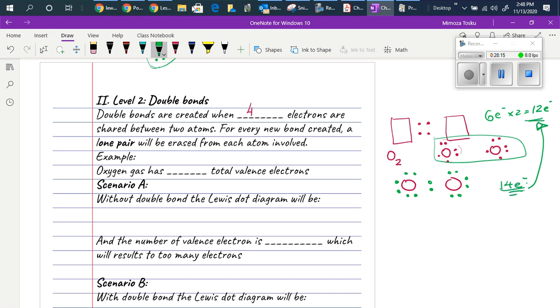We erase 2 of those lone pairs and put them as the bonding electrons between the atoms, creating what is known as the double bond.